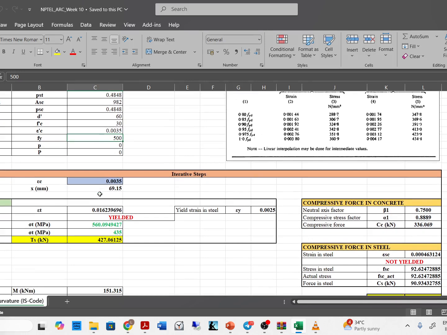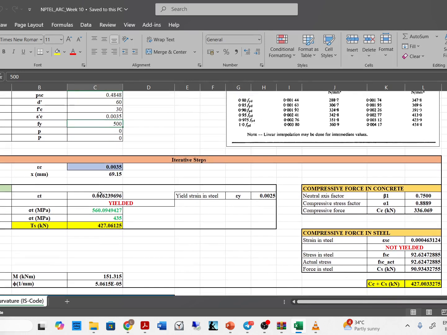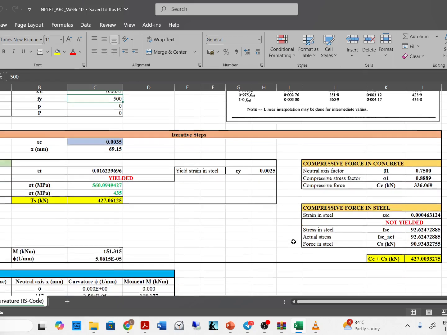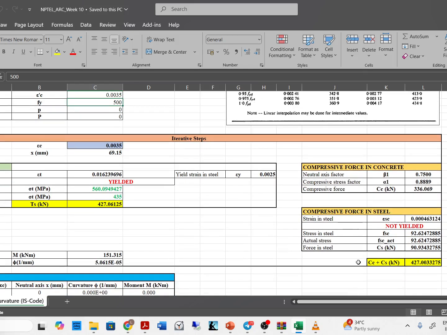Okay, so we need to determine the depth of the neutral axis by a trial and error method, so that the tensile force from the rebars in the tensile region should be equal to the sum of the compressive forces due to the compressive stress block of concrete and the compressive force in the reinforcement in the compressive region. Okay, so I have already entered this value.